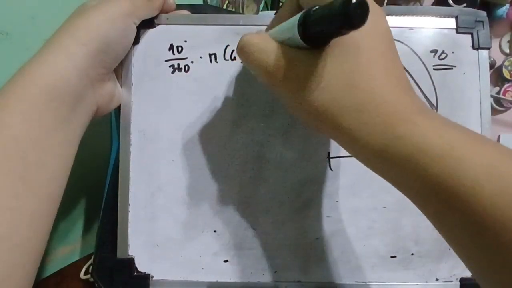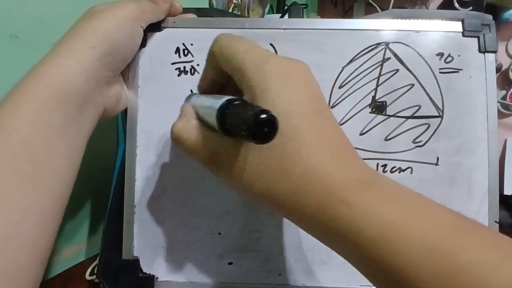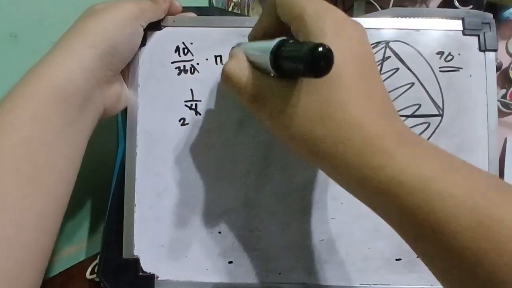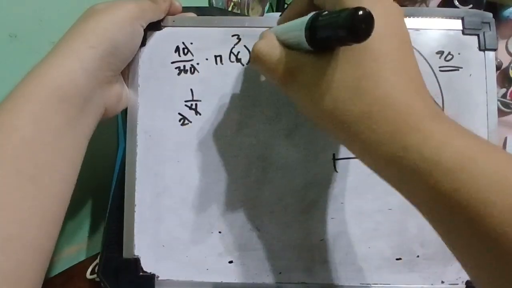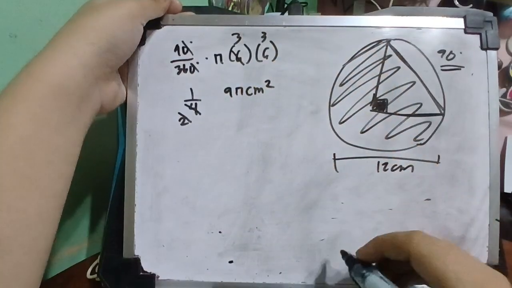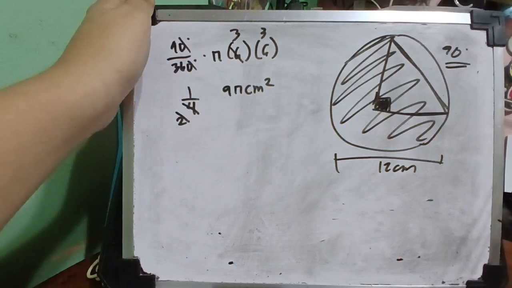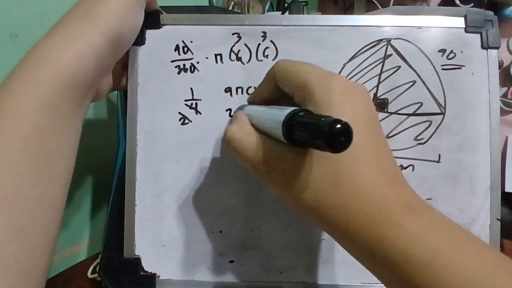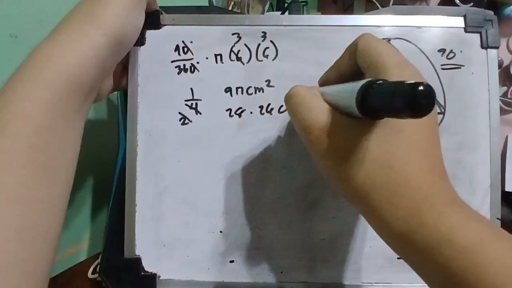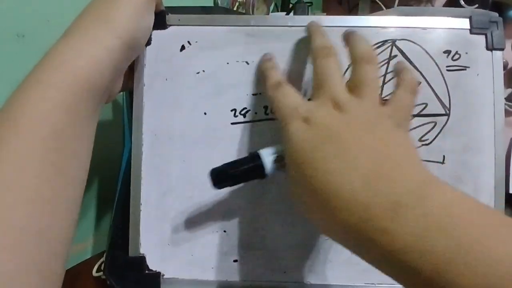Multiplied by 6 squared, or 6 times 6, I prefer. So it's 1/4 times 36 pi, which is 9 pi cm squared, which is 28.26 cm squared. I'm going to take note of that. So that is our area of sector.